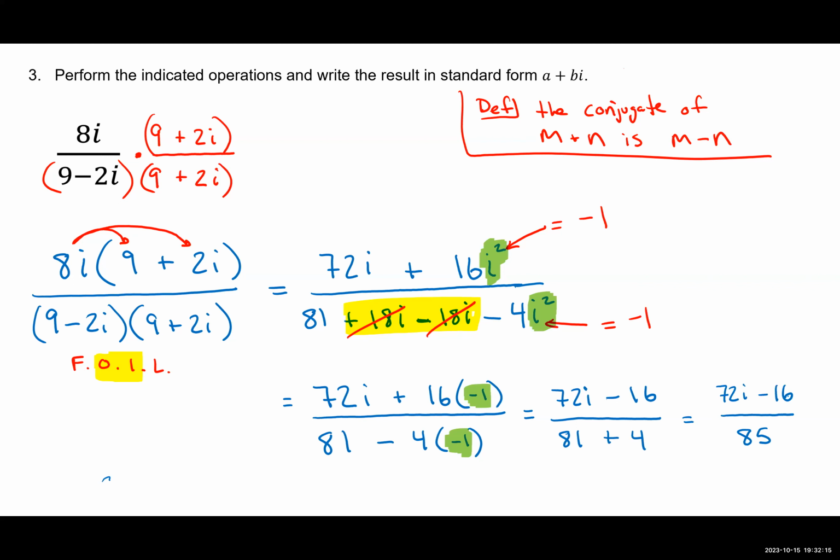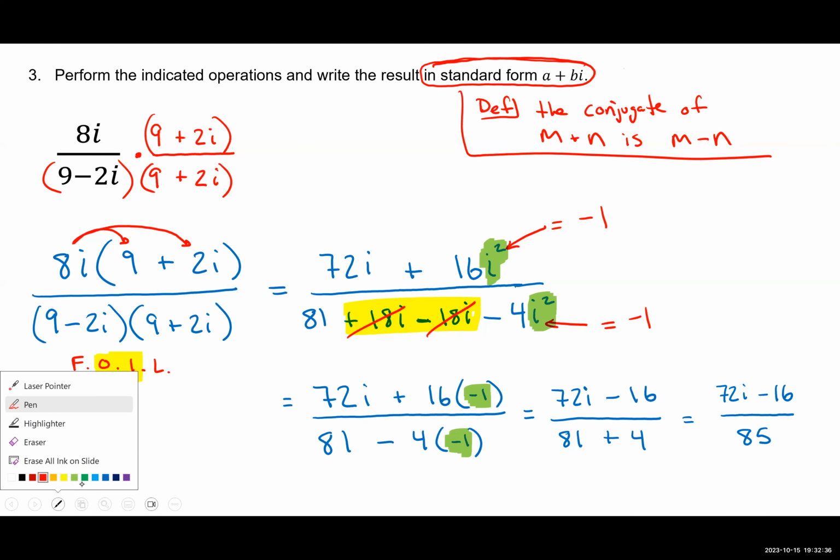All right, so we're basically done, but if we want to, and I'm going back to the original problem, write the result in standard form, so a real number plus a real number times i, we could just take this answer.